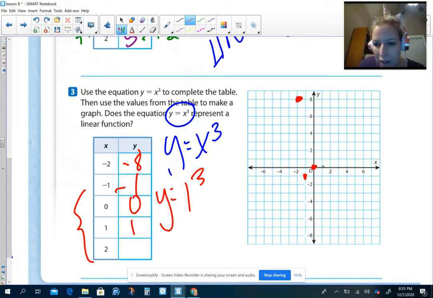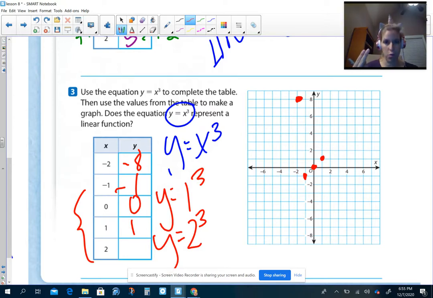So 1 and 1. Negative 1, 1. Okay, and now we've got 2 cubed. 2 times 2 is 4. 4 times 2 is 8. 2, 8. There we go.